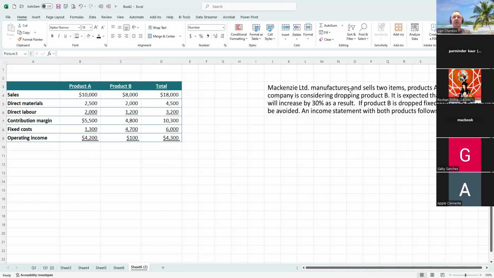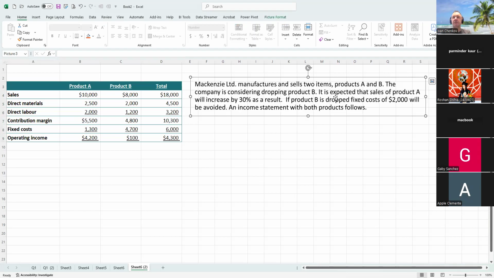So, this one manufactures and sells two items, product A and product B. The company considered dropping product B and expected that sales of product A will increase by 30%. If product B is dropped, the fixed cost of 2000 will be avoided. And we have the income statement.